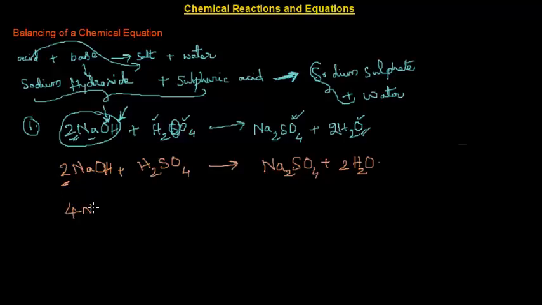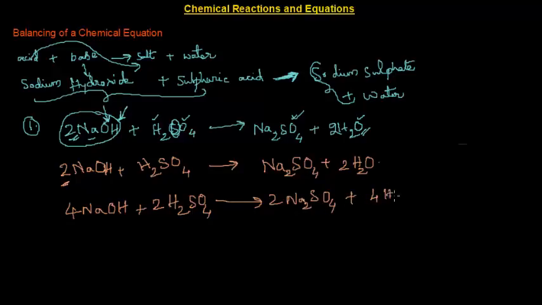If you have 4 NaOH plus 2 H2SO4 gives 2 Na2SO4 plus 4 H2O. In this, if you see, you have 2 in common.